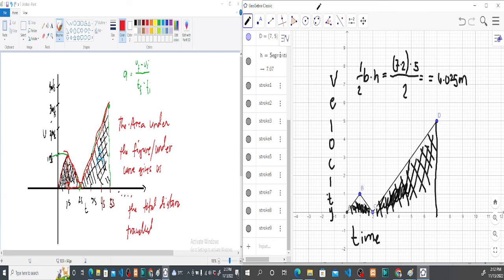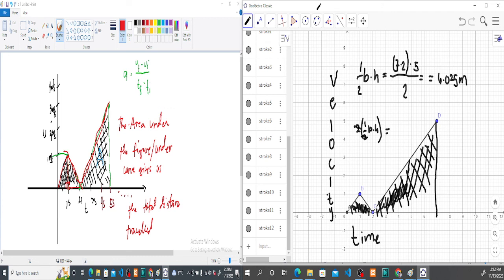And then here are two small triangles, each having a leg of 1 and a height of 1. So I'm gonna say 2 because we have two triangles which are symmetrical, times 1/2 base times height. So the base is 1 by 1.